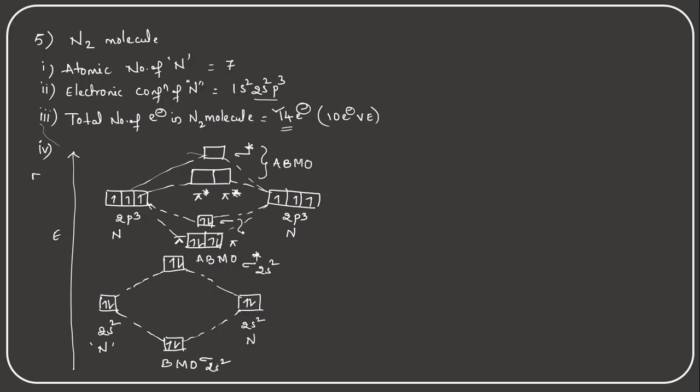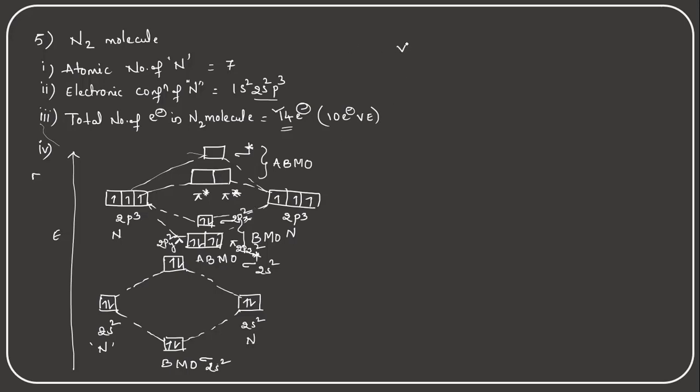And these are the bonding molecular orbitals. Now this is a 2py, this is a 2py, and this is a 2pz. Total two electrons are there, two electrons are there, and in sigma 2px, two electrons are there.